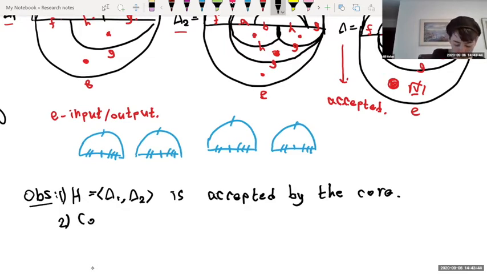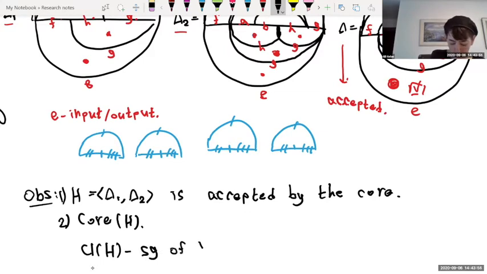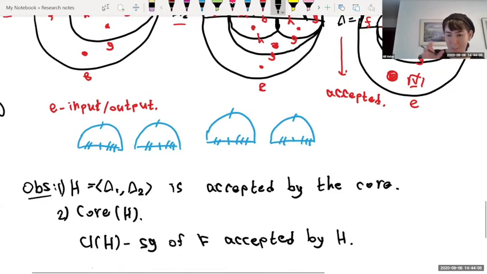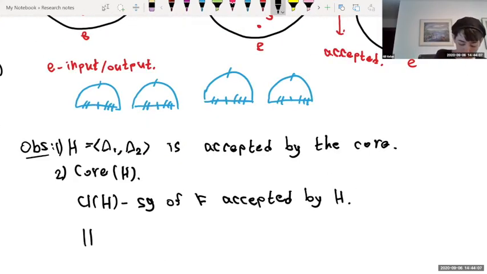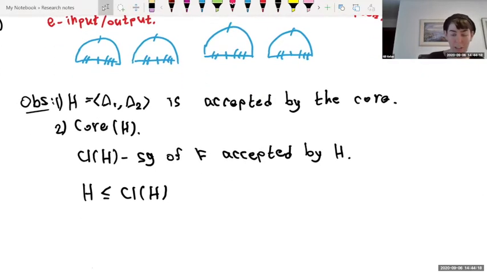So we really can talk about the core of H. And so we can also define the closure of H. The closure of H is just going to be the subgroup of F of all reduced diagrams accepted by H. Okay, and essentially what we have said so far, and the most important property, is that H is always contained in the closure of H. But unlike in the case of free groups, the inclusion here is very often strict.